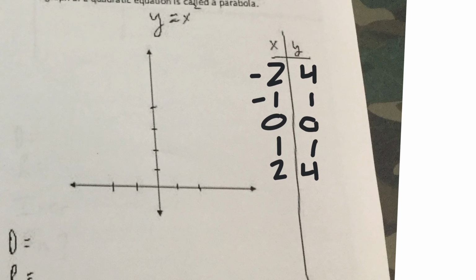So now I graph those points to get a general shape of the graph. -2, 4. -1, 1, 0, 0, 1, 1, 2, 4.